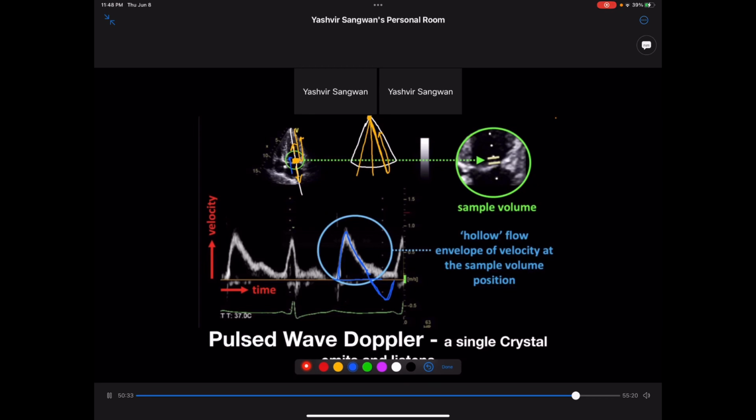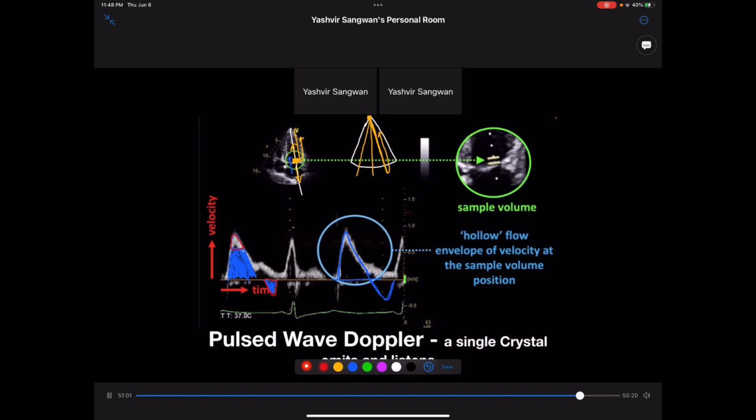And what that looks like, which is called aliasing, is that you will have this wave cut off. And because of reversal from aliasing, you'll have the rest of the wave here. So this part out here gets cut off and you see it in the opposite direction. Don't get fooled by that.